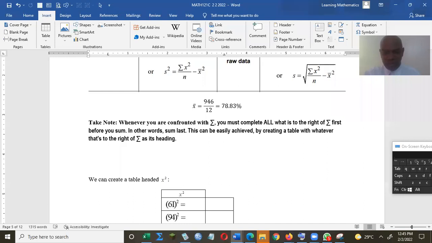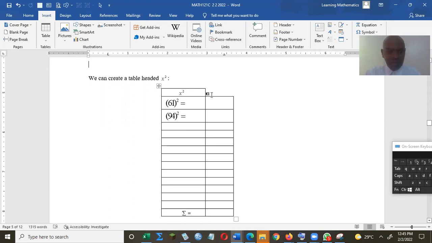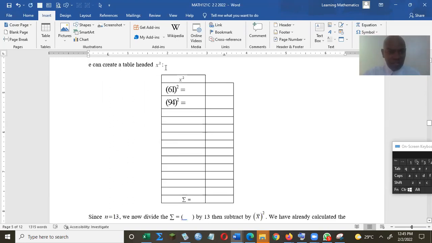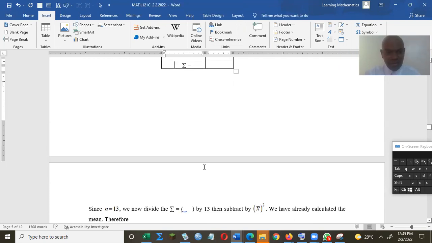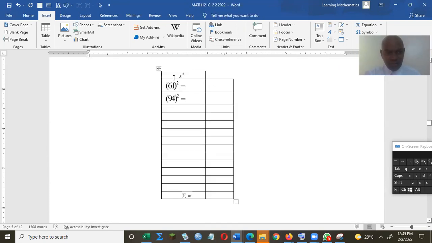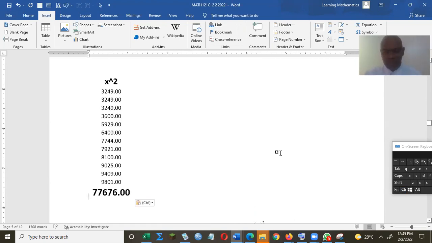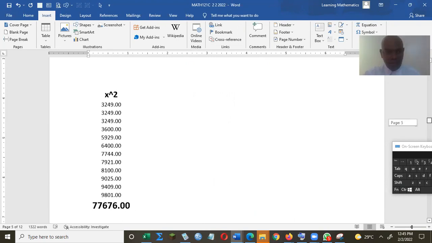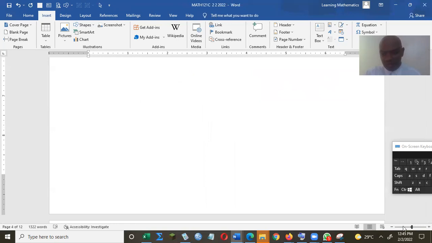This now is old school, that little table there. You can create a table, headed x squared. That was before time, but now we're on a new level. So delete this, Control V, and bring this up a little bit, then raise our little rectangle because I want to make use of that little space.